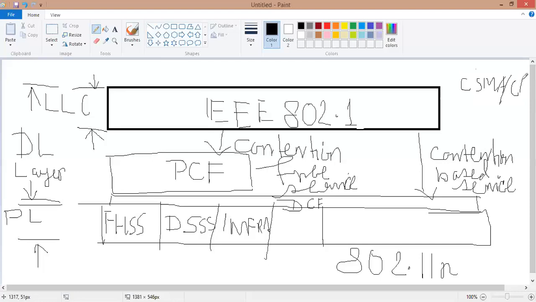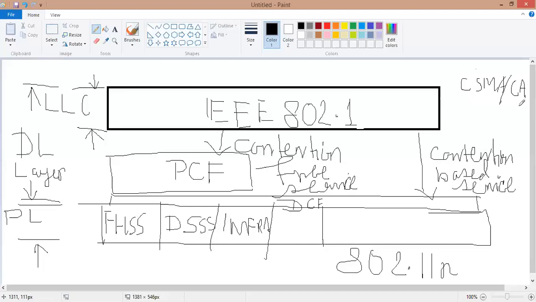What is CSMA? Carrier sense multiple access. What is CA? CA is collision avoidance. So DCF uses the CSMA CA access method.